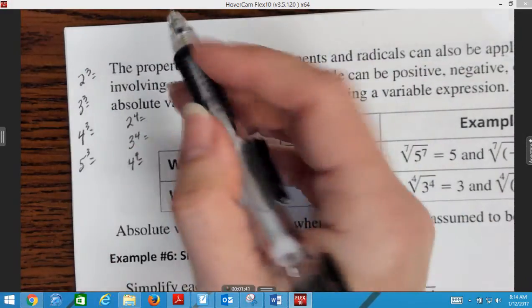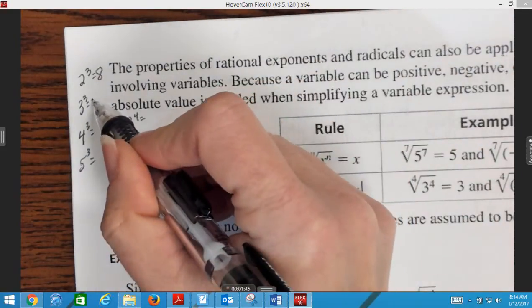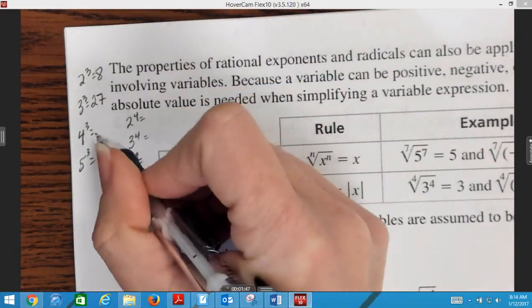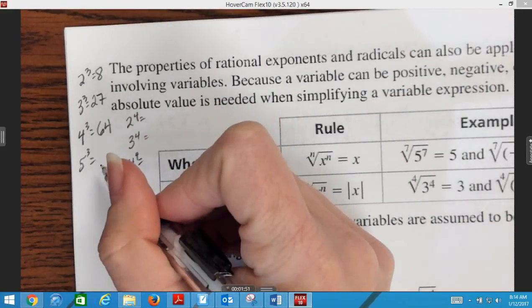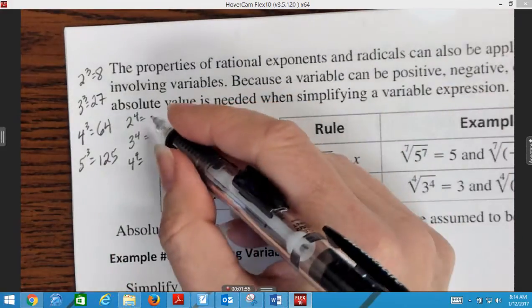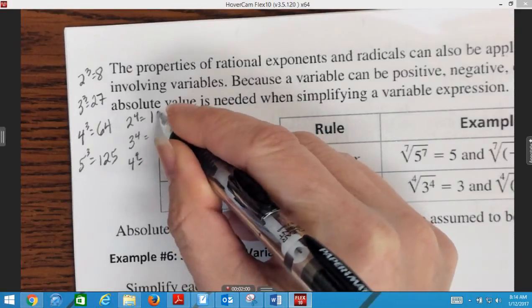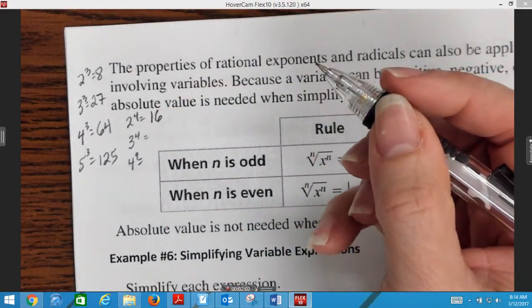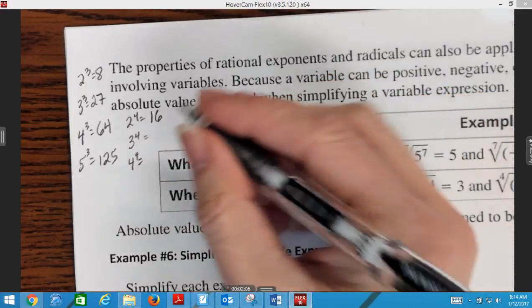What is 2 to the third? 8. 3 to the third? 27. 4 to the third? 5 to the third? Thank you. Somebody else, 2 to the fourth? 16. Somebody else, 3 to the fourth? 81.